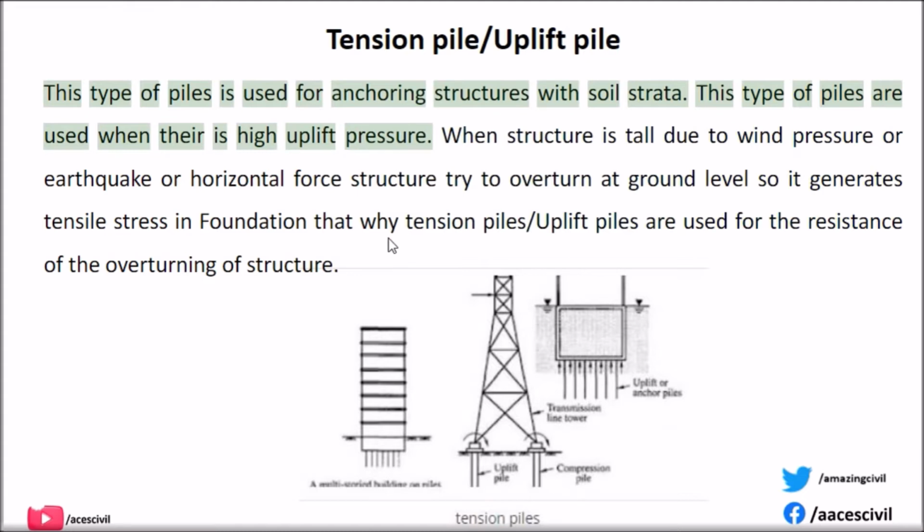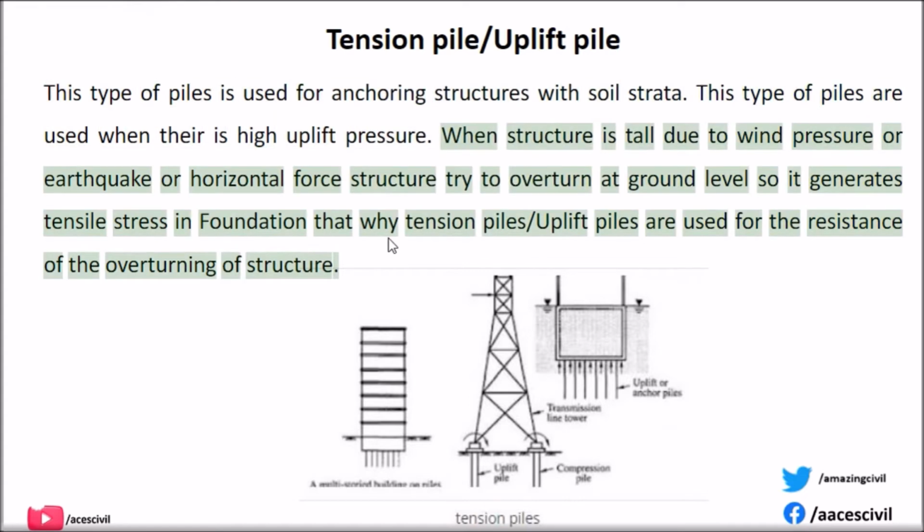This type of pile is used when there is high uplift pressure. When structure is tall, due to wind pressure or earthquake or horizontal force, structure tries to overturn at ground level, so it generates tensile stress in foundation. That is why tension piles/uplift piles are used for the resistance of the overturning of structure.